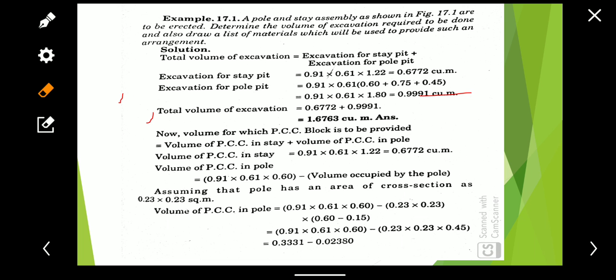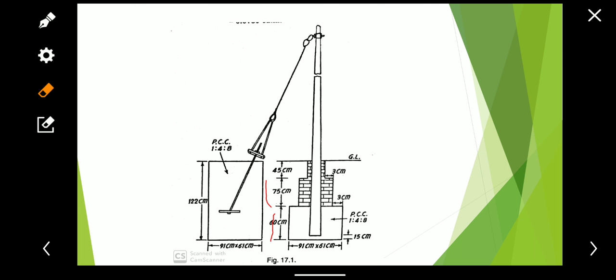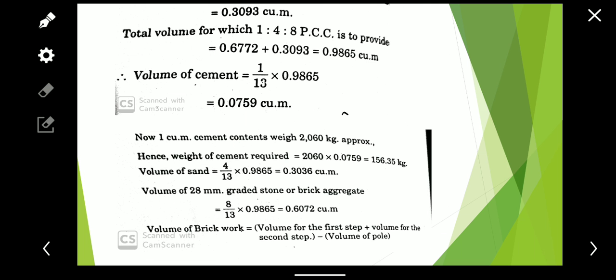Now after calculating, 0.3331 minus 0.02380, so the total volume is 0.3093 cubic meter.